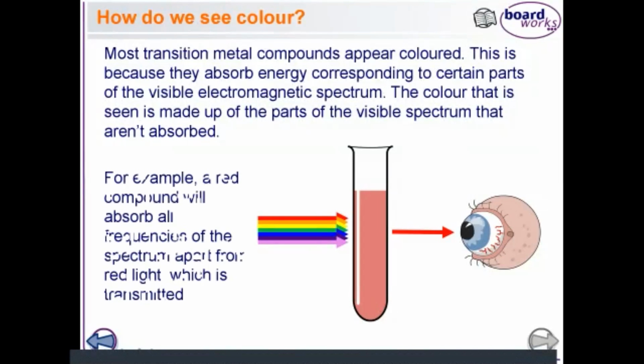So for example, a red compound will absorb all the other frequencies of the spectrum, and then the red will be reflected to the eyes. We know that already. Now, if the sample is colored blue, then all the other parts of the visible spectrum will be absorbed by the solution, and the blue one will be reflected to our eyes. So we know that already.